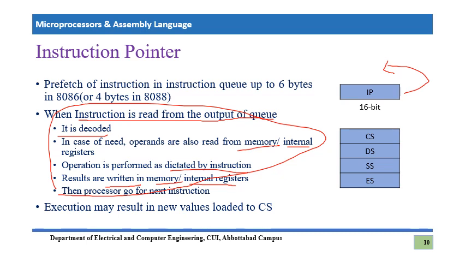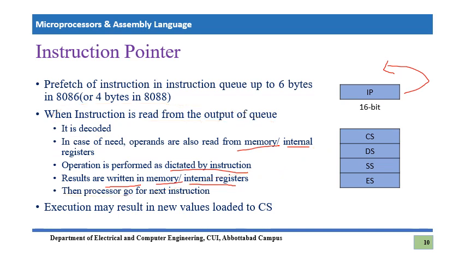It may happen that during the execution of whatever the last instruction says, some of the internal registers may change, right? And if you remember, CS is itself an internal register. So it may happen that a new value is written to CS. For example, its value was 0024, right?